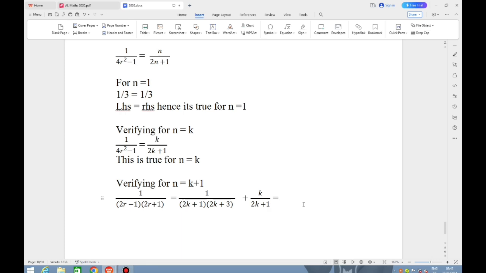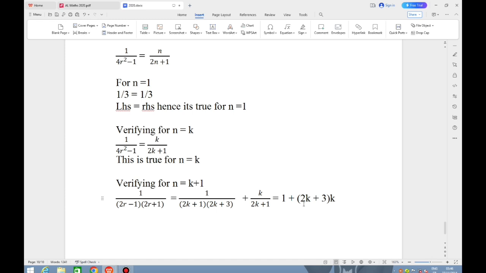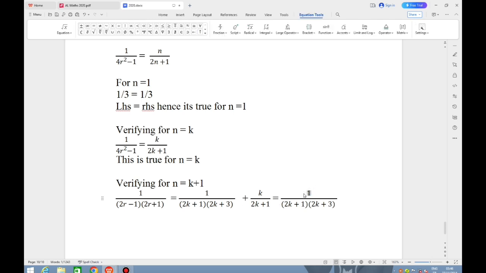When you add this, the 1 plus this is going to cancel, and we get 2k plus 3 times k, all over this. So just copy this, paste it here and replace this one with this. When you add, this is what you're going to have.